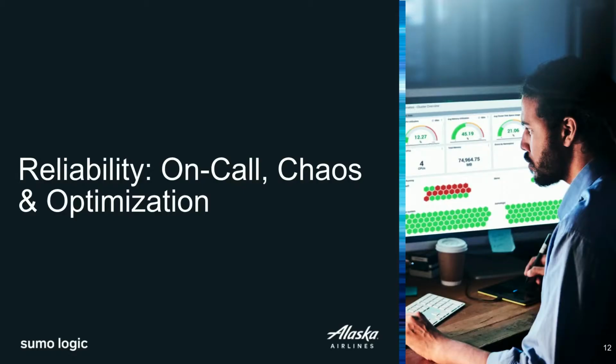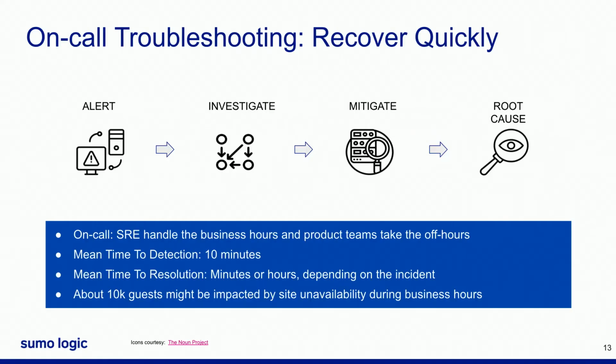Speaking of incidents, how do we handle those? And what can we do to prevent them from even happening in the first place? So the SRE team, all four of us, shield the engineering teams during business hours. We'll get an alert within 10 minutes of an incident starting.